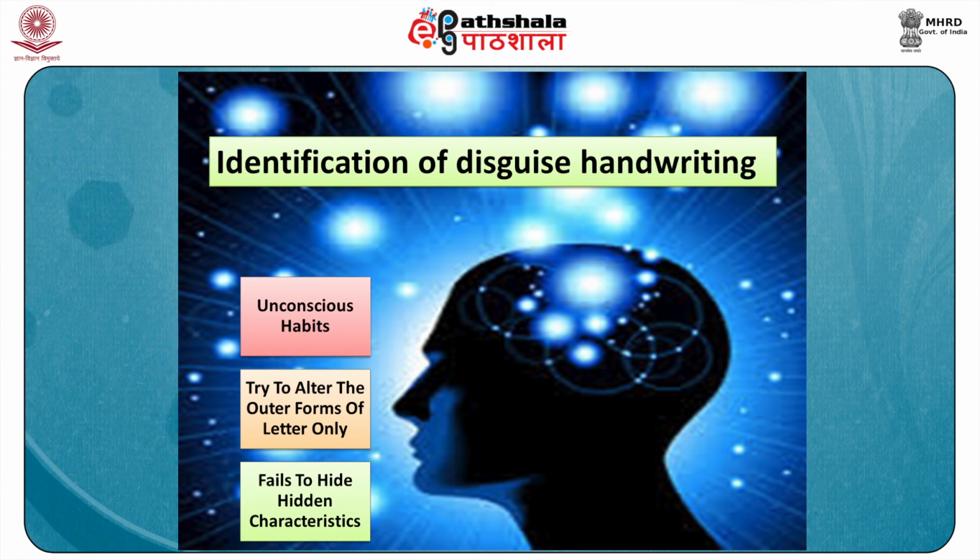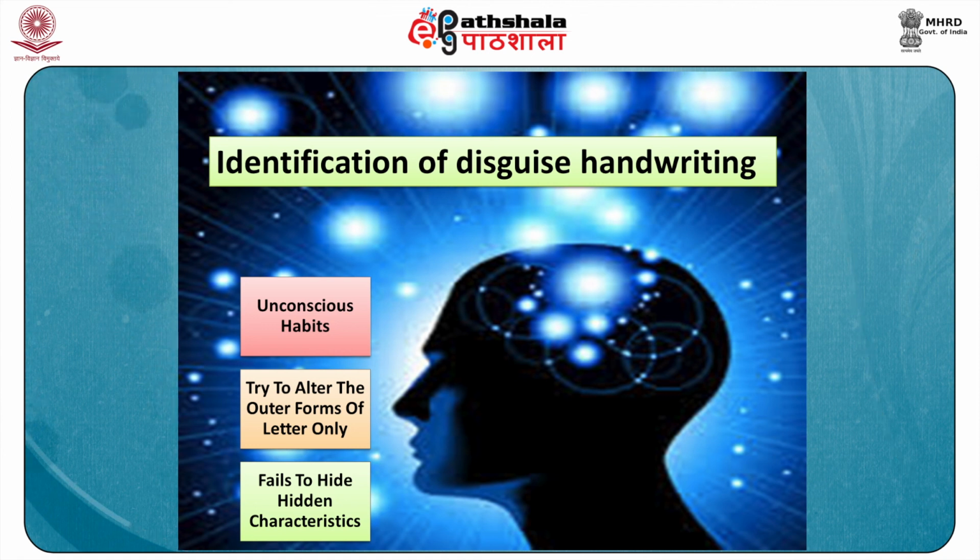In disguised handwriting, the writer tries to give an appearance as unlike his own habitual writing as possible, while keeping the disguised writing legible. In imitated writing, the writer tries to reproduce as perfectly as possible the form of the handwriting of another person.